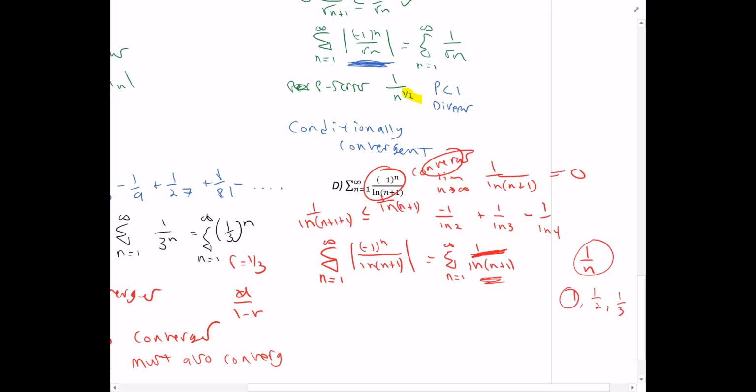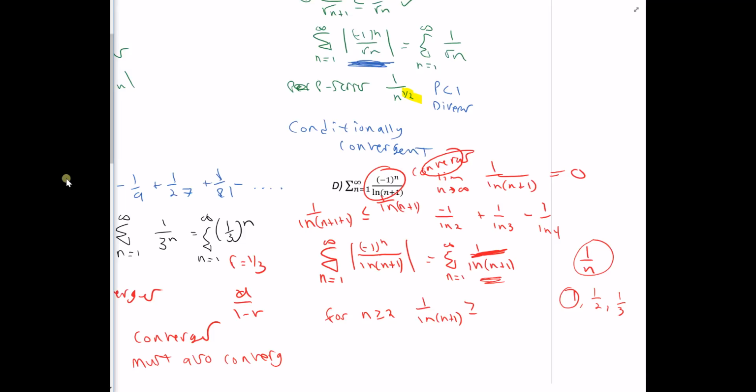Let's make sure we can compare these two.